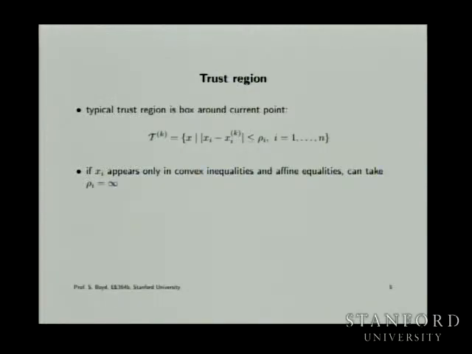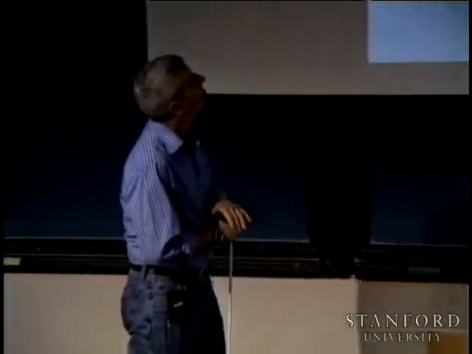Now, if a variable appears only in convex inequalities and affine equalities, then you can take that rho i to be infinity because you don't need to limit a variable that appears only in convex inequalities and affine equalities. Okay, so how do you get these approximations?